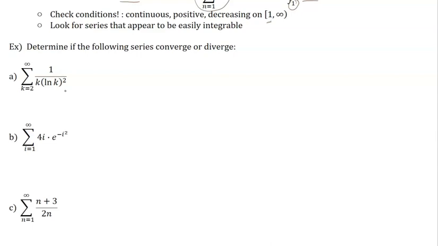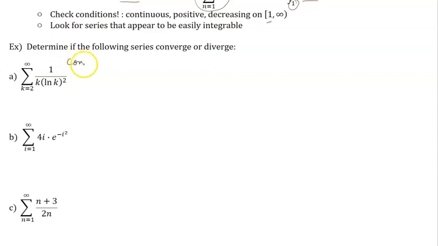But this also brings up a point about why we're starting at 2 and not at 1. If I had started at 1, then my first term would be 1 over 1 times the natural log of 1 squared. And the natural log of 1 is, yes, I'm sure you all just said 0. We can't have division by 0, so that's why we are starting at 2. So yes, 1 over x times natural log of x squared is continuous.